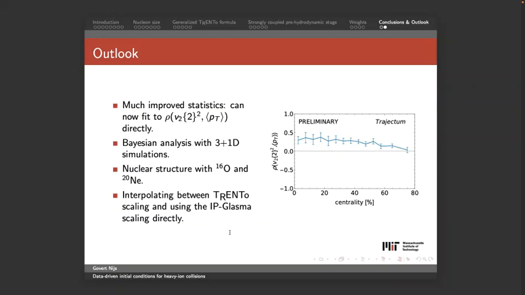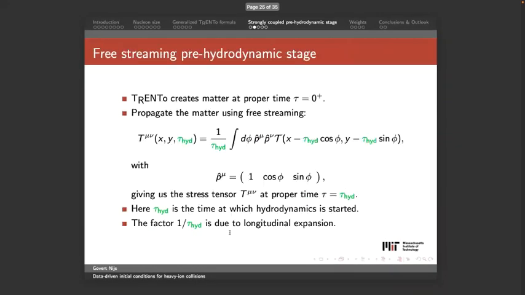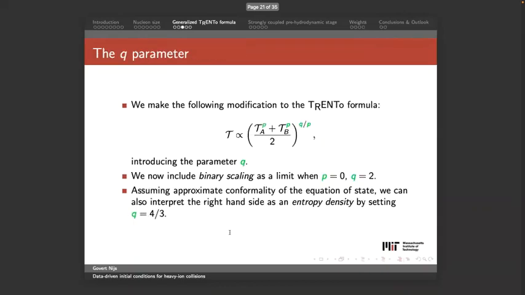Hi, I have a question regarding this generalization of Trento parameters. If you go back to the slide. Here? So you introduce this parameter Q, which was assumed to be 1 before, right?